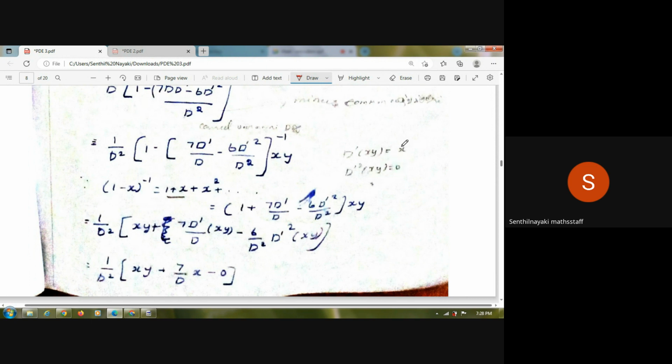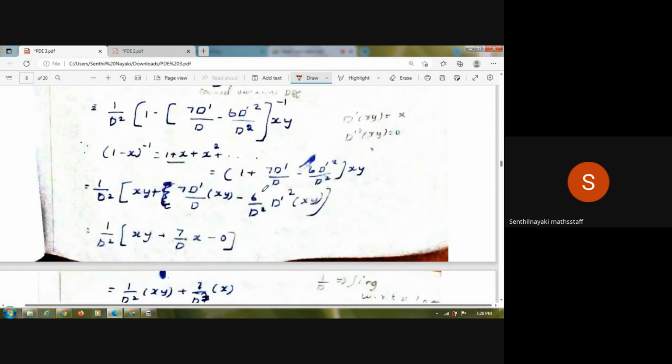If you differentiate the constant term, we get 0. So 1 minus 7d dash by d minus 6d dash square by d square, whole power minus 1 into xy.